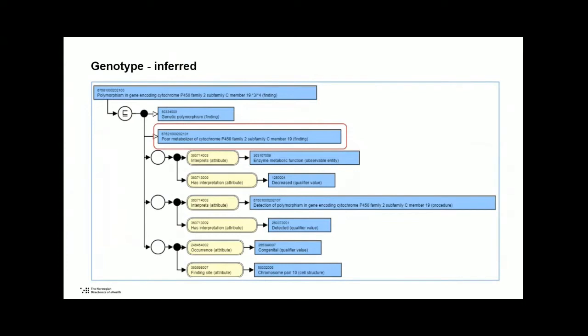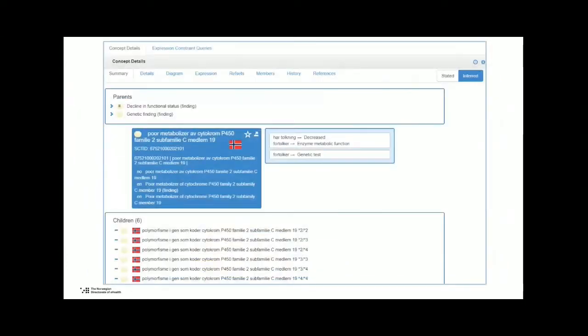So what happens is that when we look at the genotype in the browser, in the inferred view, we are able to gather the genotypes as children and group them within all poor metabolizers in the same genotype, and then the ultra rapid is separate for the other specific phenotype, which is what we wanted.